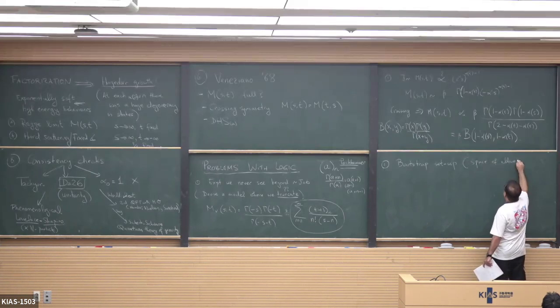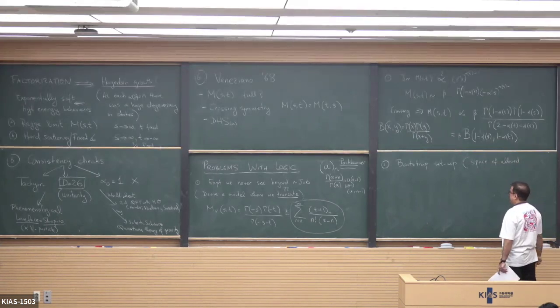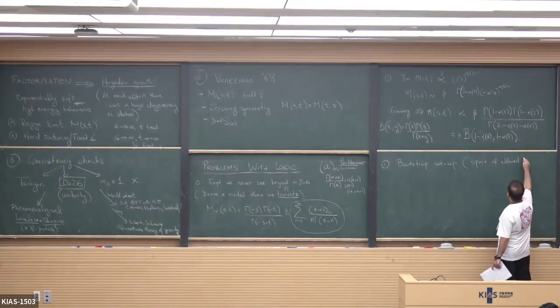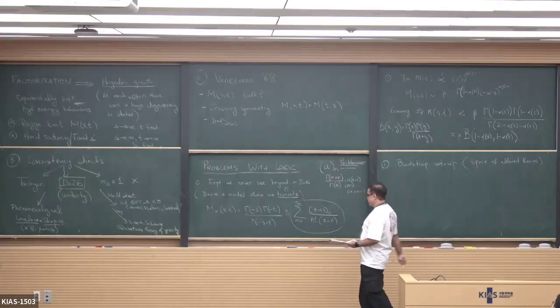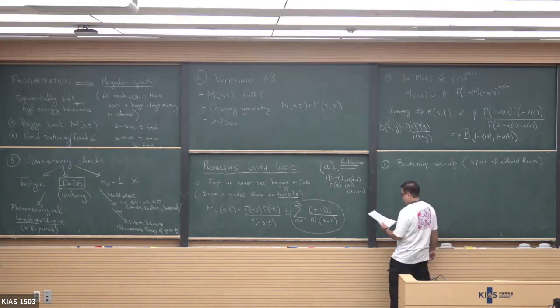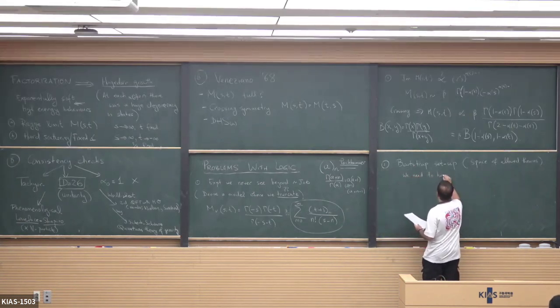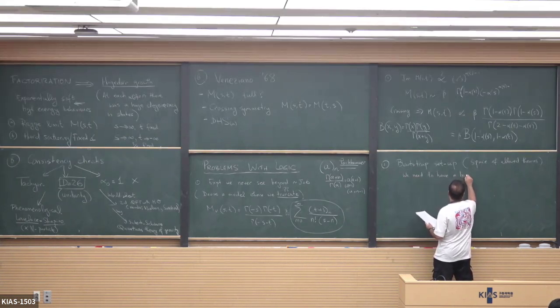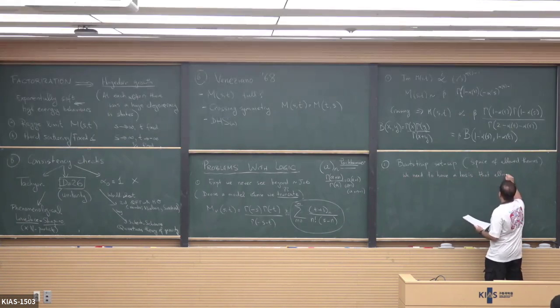I'll talk about the bootstrap more in my final lecture, but here, roughly speaking, what we mean by that is we're going to set up a consistent set of algebraic equations whose solution is going to give me a space of allowed theories. And we can ask that one of the theories, because we know that it has nice properties, should be the original string theory. So we can ask if we can recover that. So in order to set this up, we need to have a basis that allows for level truncation.